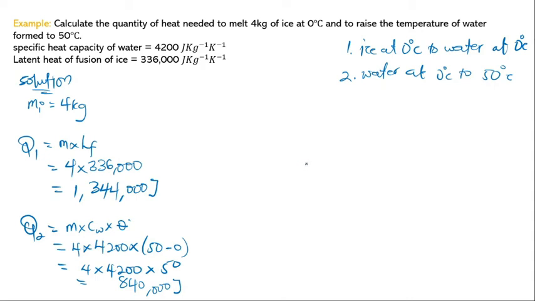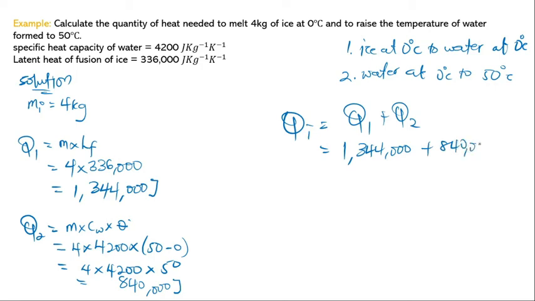Alright, so now that I have the two energies needed to melt the ice from 0 degrees Celsius and raise the temperature of the water formed to 50 degrees Celsius, all I need to get the total energy is to add the first energy to the second energy. So I have the sum of 1,344,000 and 840,000. So let me quickly do that.